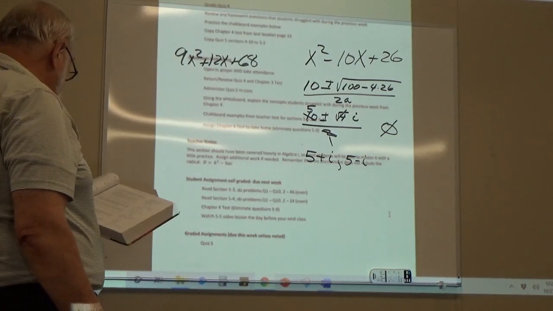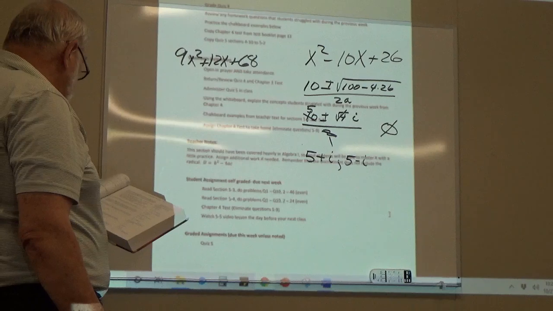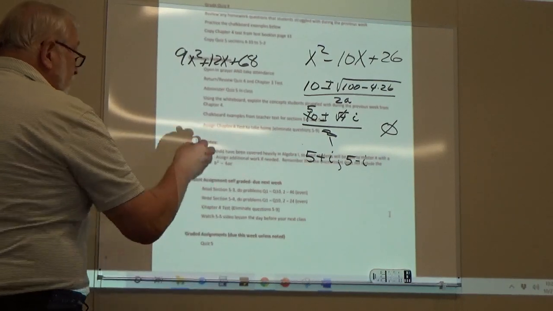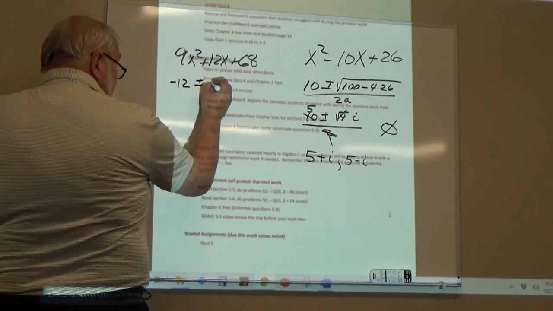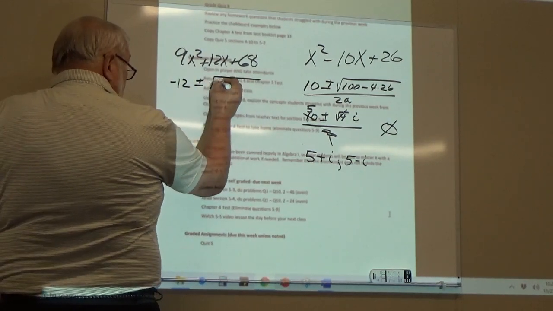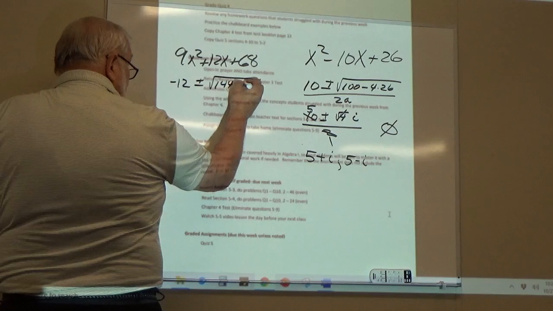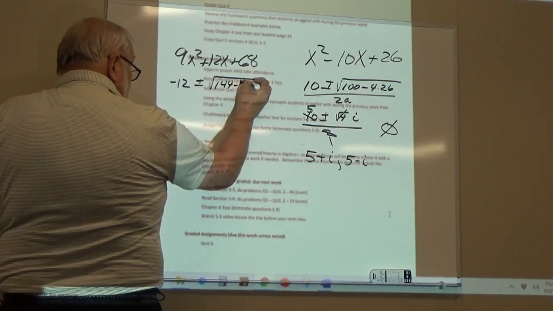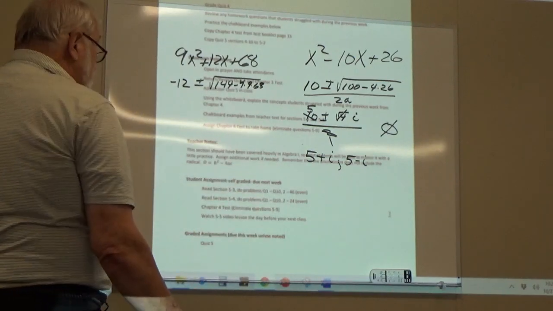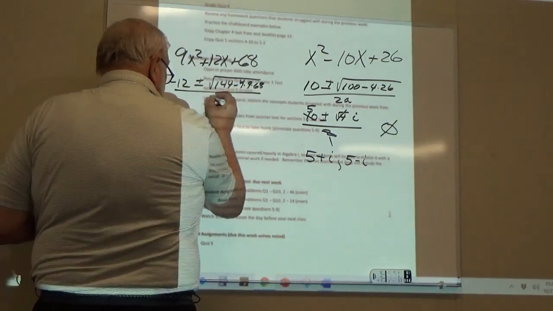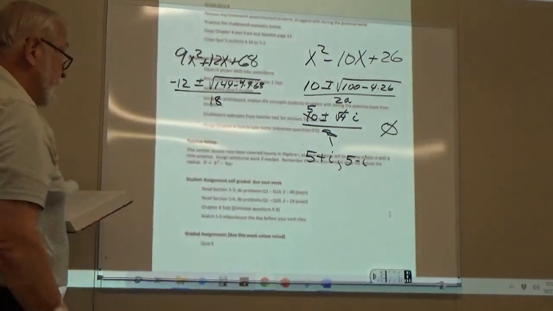Now, when we look at it, what are we going to do for the quadratic formula? We're going to take negative 12 plus or minus the square root of 144 minus 4 times 9 times 68, all over 18, 2a.